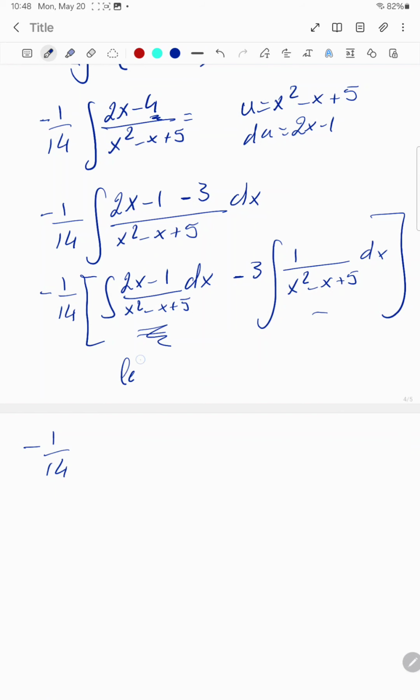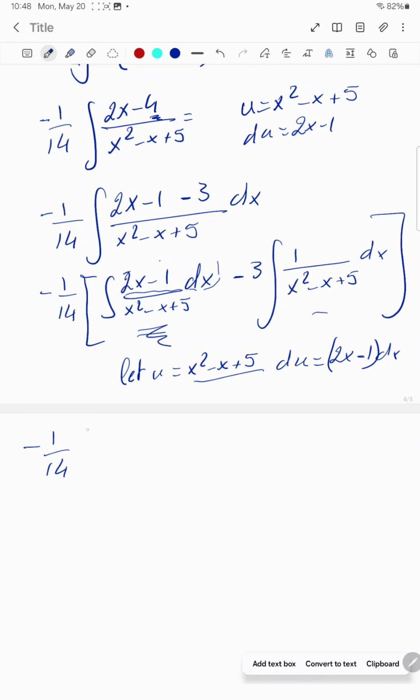Before, I said let u equal x squared minus x plus 5, my du equal 2x minus 1 dx. So on the numerator I have 2x minus 1 dx, and in the denominator I have u. So du divided by u is ln of u, and my u is equal to this.